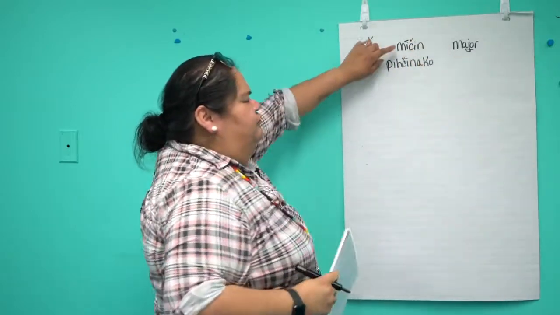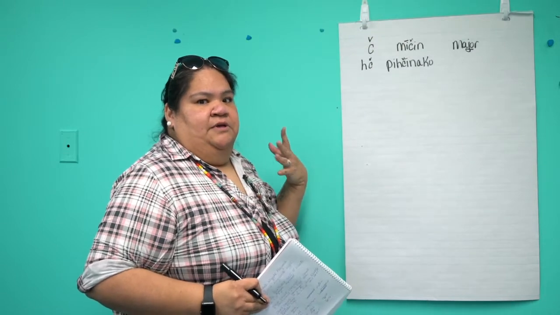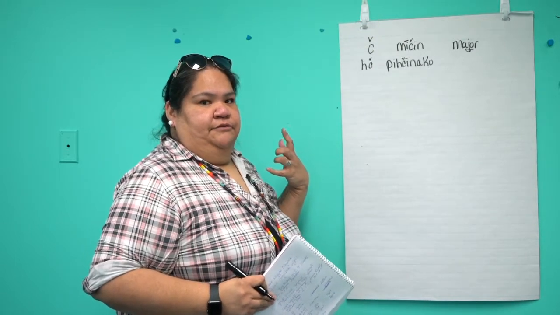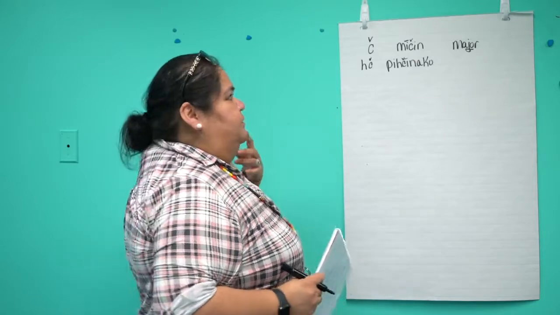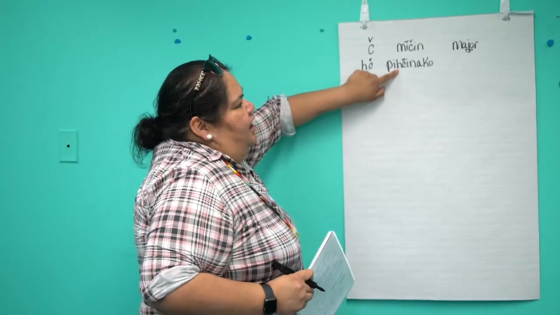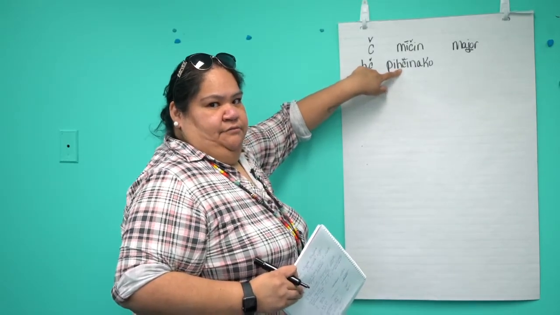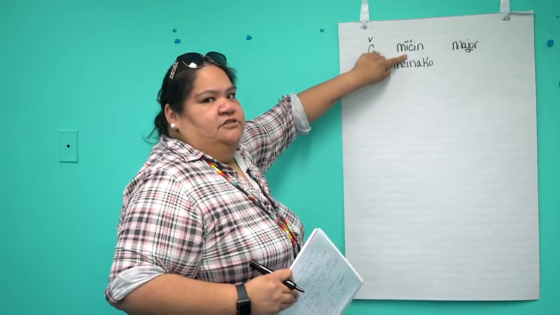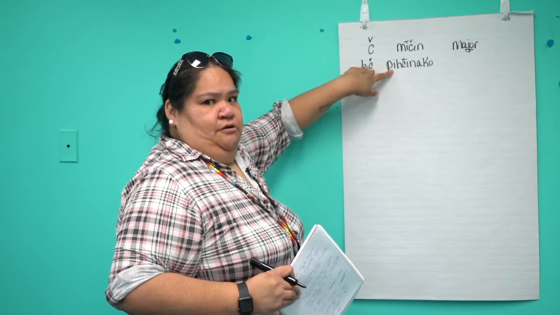Also when we're writing or reading, you won't always see this little wedge. You'll just naturally know that it makes the ch or j sound. Okay? It's not like the C in English. It's either ch or j. But if it comes after an H, it's the ch sound. If it's by itself, it's the j sound. Mi jin. Pichinago.